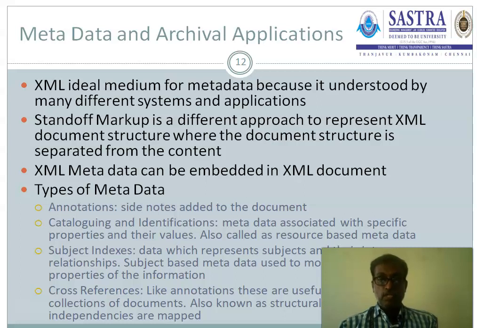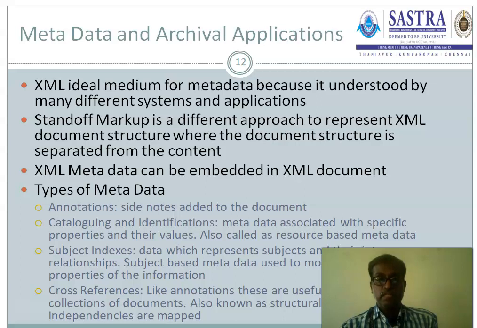Cataloging and identification: we can identify a particular part of the document using some identifier, because metadata is associated with some property or some elements and their values, so because of this nature, the identification and the cataloging is very, very important. It is also called resource based metadata. Based on the resource, we are creating metadata.